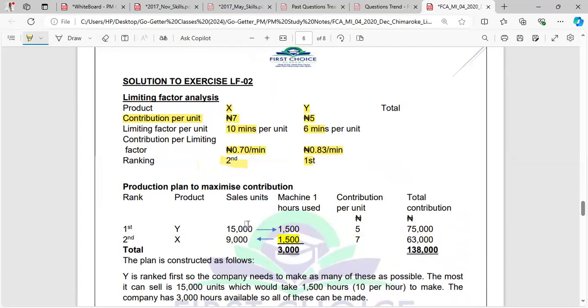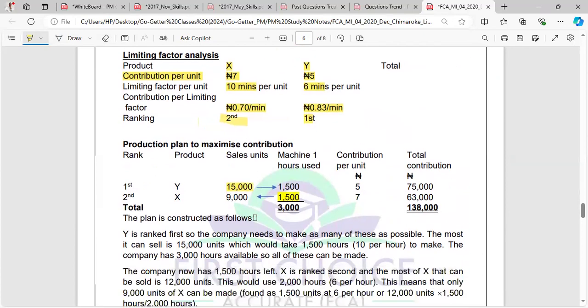So what happened? If you are to satisfy 15,000 units in product Y, how many hours are we going to use of machine 1?